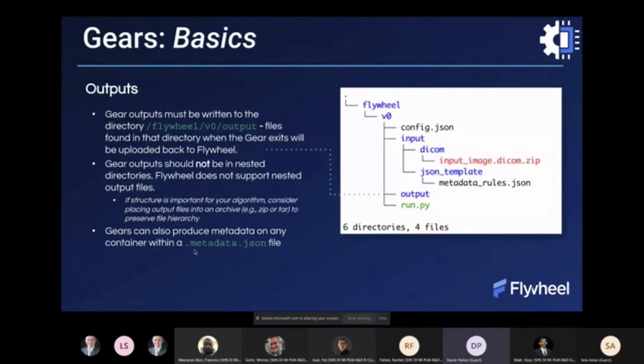If you save a .metadata.json file to the output directory, it will interpret that as metadata that should be added back to the analysis container, essentially. There are also many tools in our SDK, our Python SDK specifically, and our API, that allow you to modify the metadata directly. Many of our gears make heavy utilization of that. It's a very handy tool.